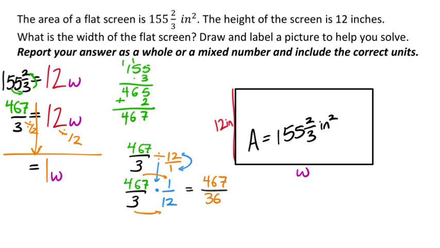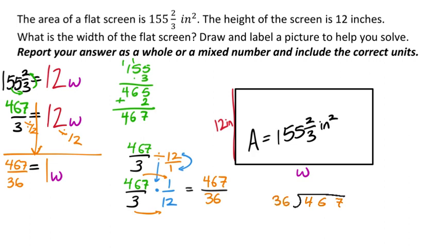That'd be great if we could accept the improper fraction, but we can't. What we need is the mixed number. That's what it says at the top. So let's change this into a mixed number with some long division again. 467 divided by 36.